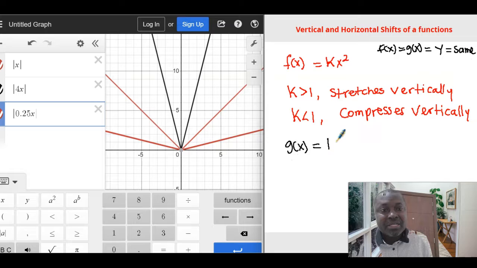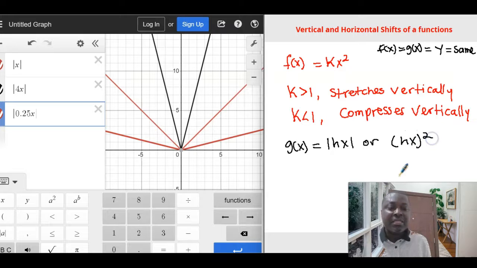Here, let me use a different letter. Let me use h. So if we have h of x inside the absolute, because all functions behave the same, in the quadratic, what we are saying is that when h is greater than 1, we see that it's moving away from the x-axis, that was the middle number here, the black.